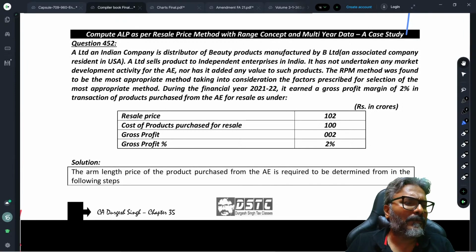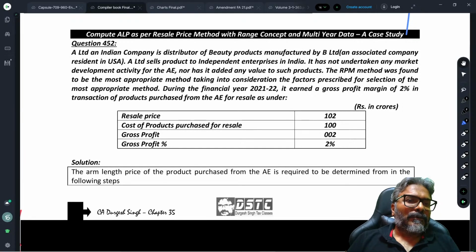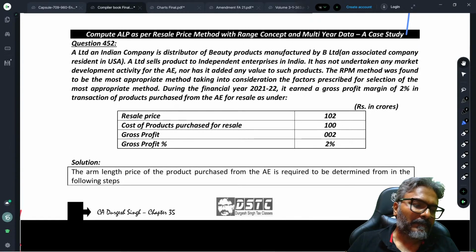Isn't it? And that is what we have to do. So question 452, students, is about multi-year data. Now, if there are common factors, then no adjustment is required. Okay.